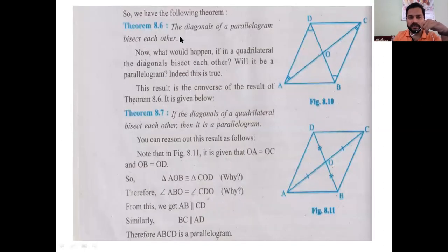Here you see theorem 8.6: the diagonals of a parallelogram bisect each other. For example, if this is a parallelogram and these are the diagonals, then they will bisect each other. Bisecting each other means OA is equal to OC and OB is equal to OD. Just the reverse of it is 8.7: if the diagonals of a quadrilateral bisect each other, then it is a parallelogram.